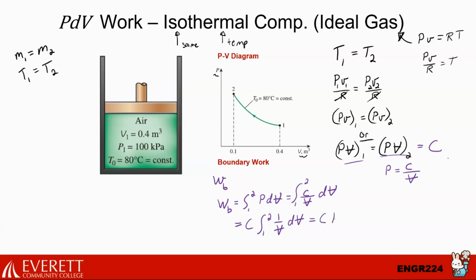So we'll see C natural log of our volume as it's evaluated from state 1 to 2, from volume 1 to volume 2. We could write this a little bit nicer and say natural log of V2 minus V1, or if you remember how to combine natural logs, you'll say they're divided. Remember that natural log V2 minus V1 becomes this.